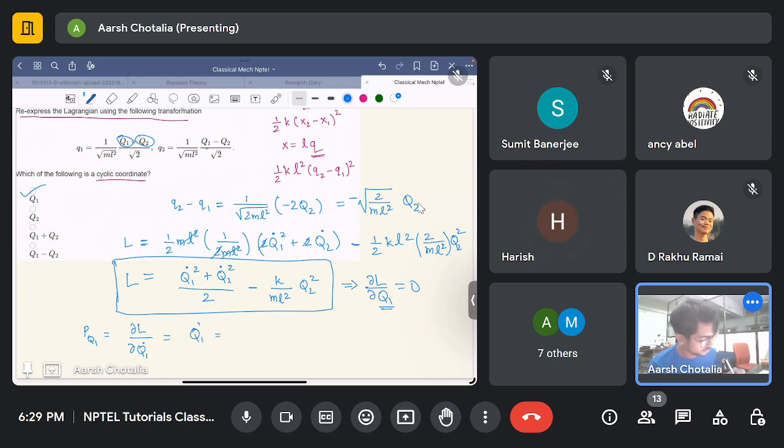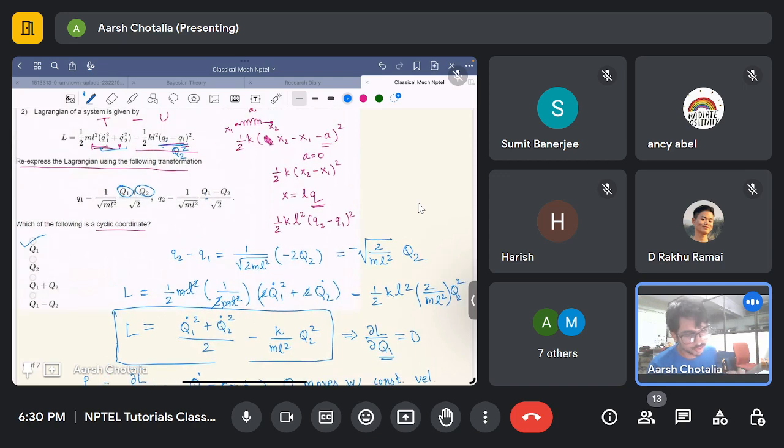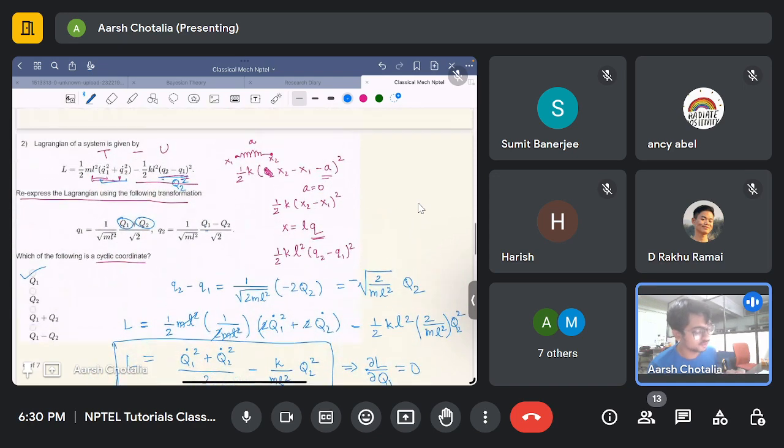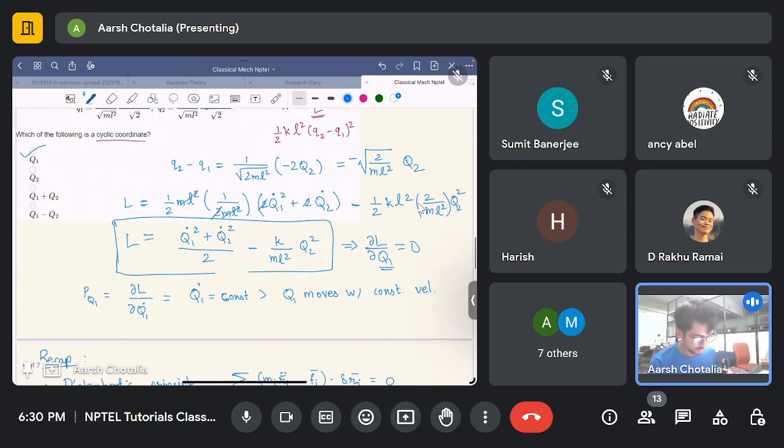So Q1 dot is equal to 0, which means, sorry, I keep on making the same mistake. This is constant. So Q1 moves with constant velocity. And what is Q1? That is small q1 plus small q2. So that is the center of mass, because both masses are equal. So again, nothing surprising, right?